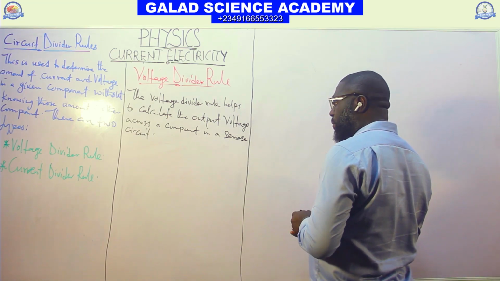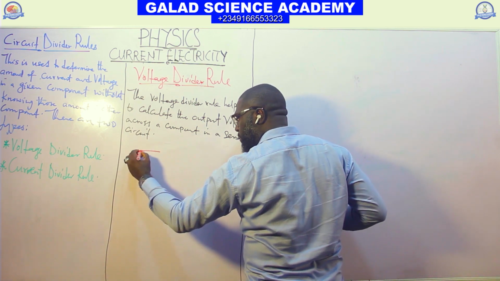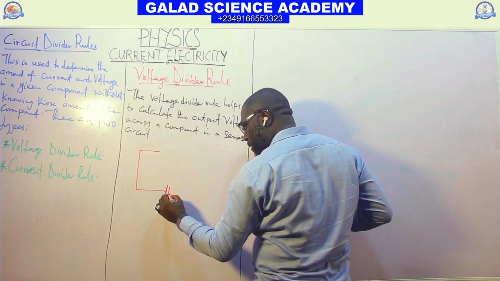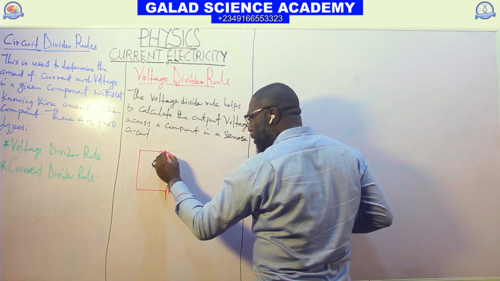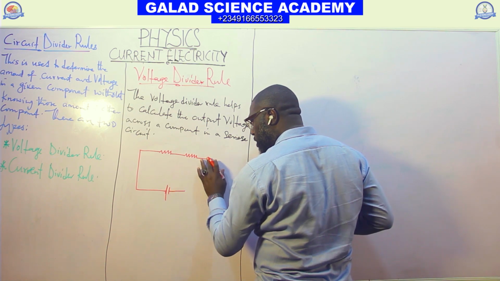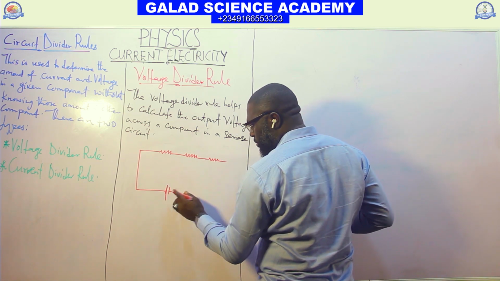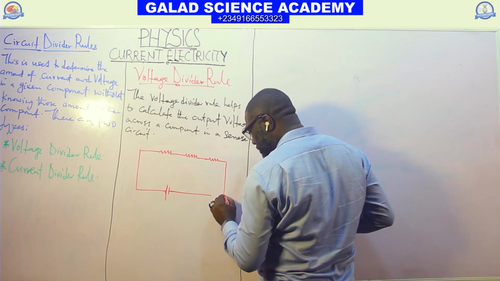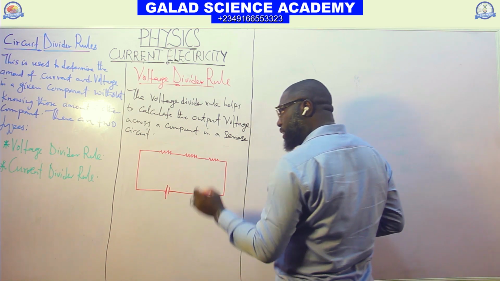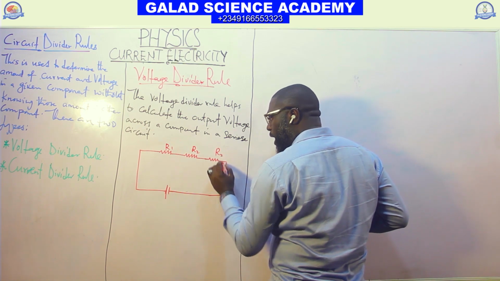If we have an electrical circuit in this form, here we have the first resistor, the second resistor, then the third resistor: R1, R2, R3.